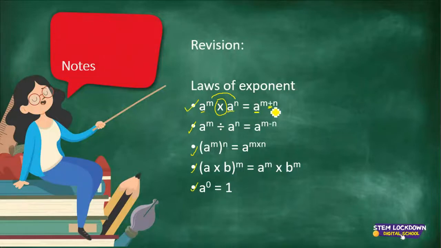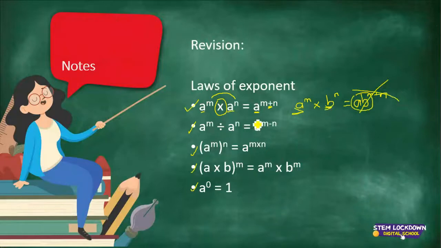If you have, for example, a to the power m multiplied by b to the power n, because the bases are not the same, you cannot write a, b, to the power m plus n. So this will be incorrect. The bases must be the same.